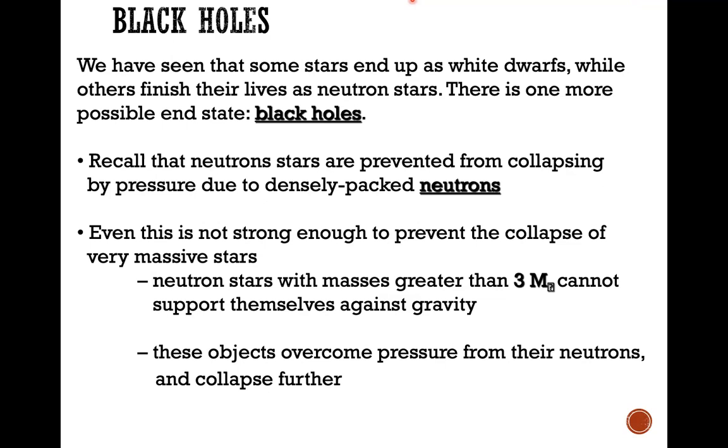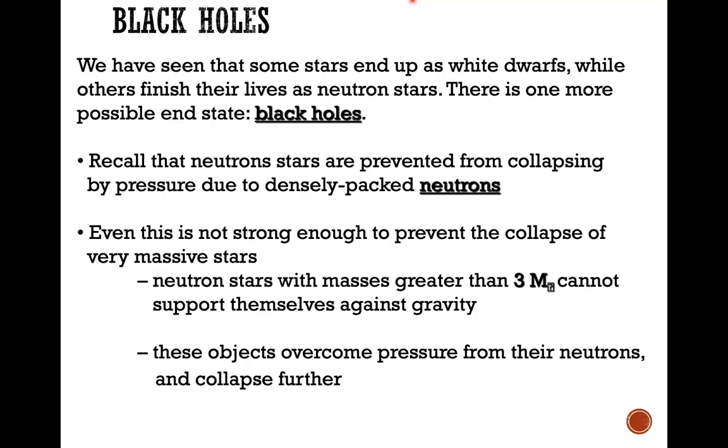Now, what happens is if the neutron star has a mass greater than three solar masses, right? Remember for the neutron stars, we did not specify a mass. So if you have a neutron star that has a mass greater than three solar masses, then the neutron degenerate pressure cannot support against the gravity because of this high mass, right?